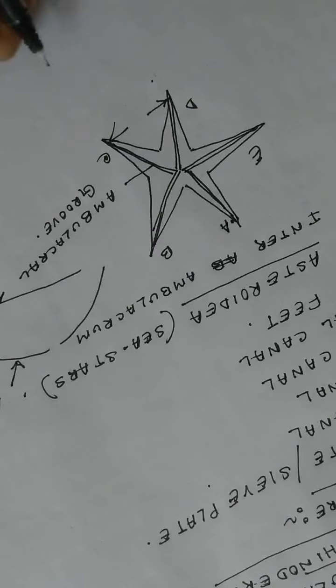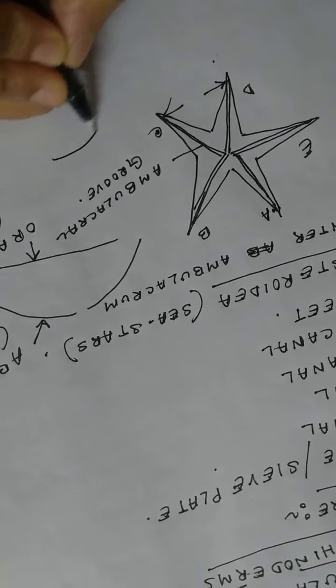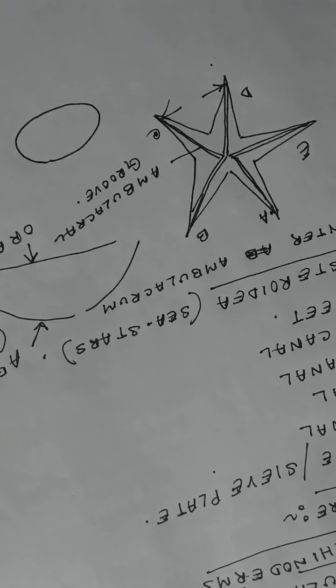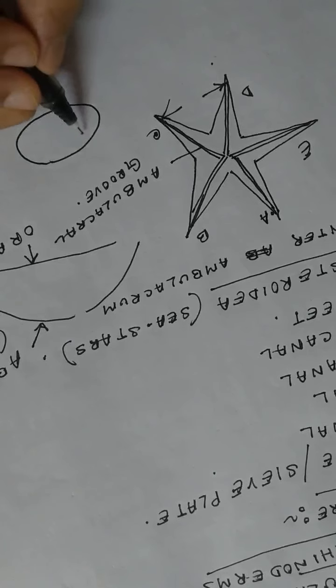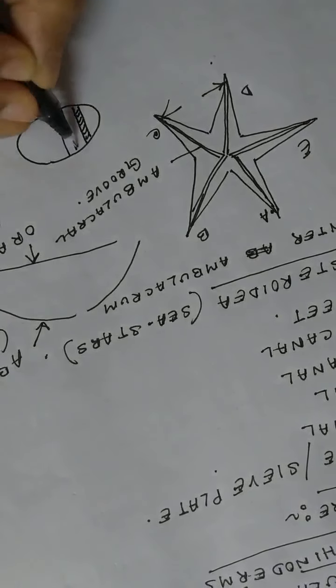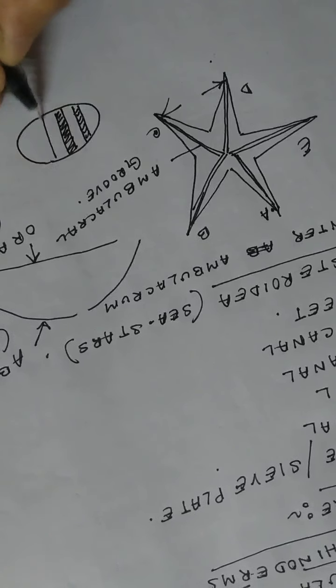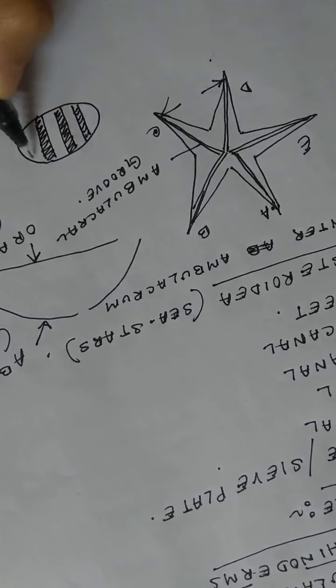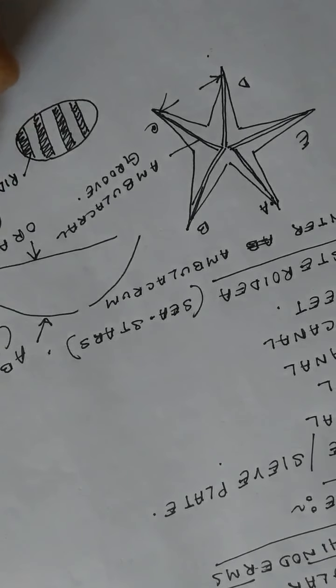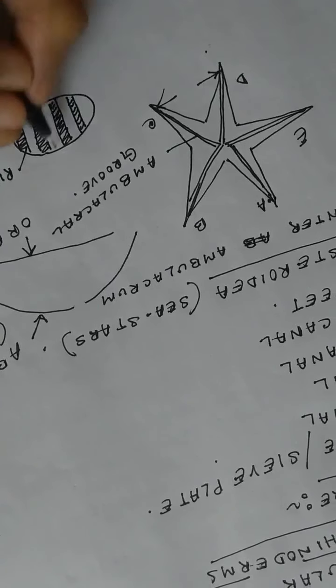Now, how does the madreporite look? It is simply a round plate-like structure with multiple ridges and furrows.